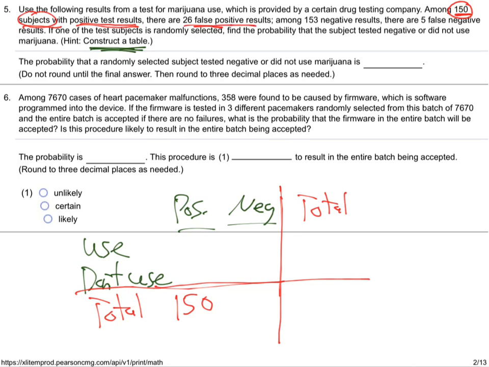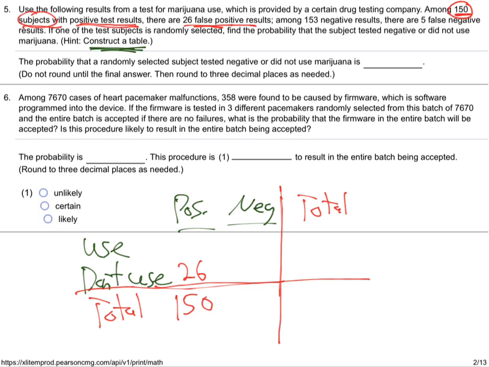So where does that go? Exactly. 26 don't use. They were false positives. They tested positive, they're in the positive category, but they don't use. They're false positives. That's what they're telling us. And then how can we get the other one? By subtraction. We're going to subtract to get the other. If this totals 150, just subtract the 26, we'll get the other number.